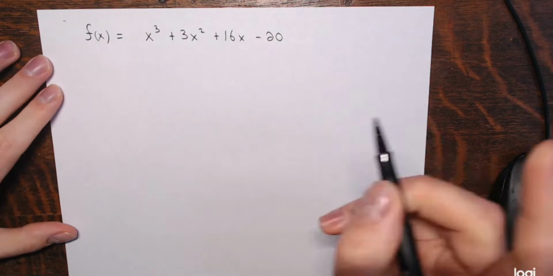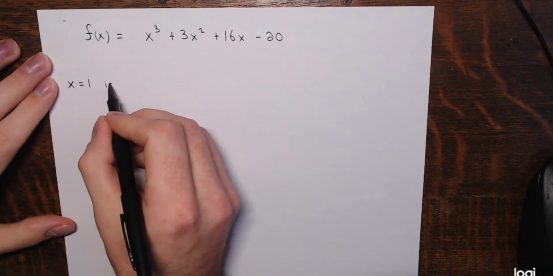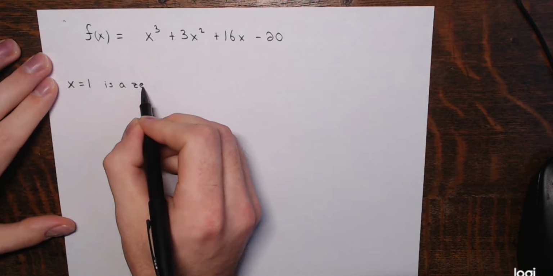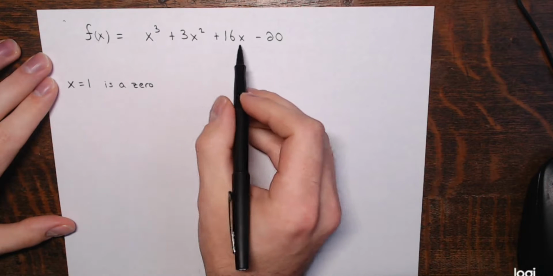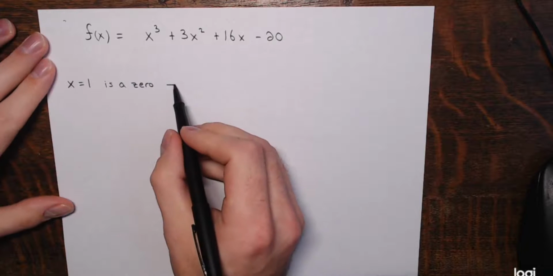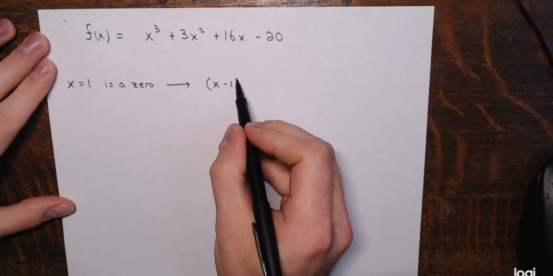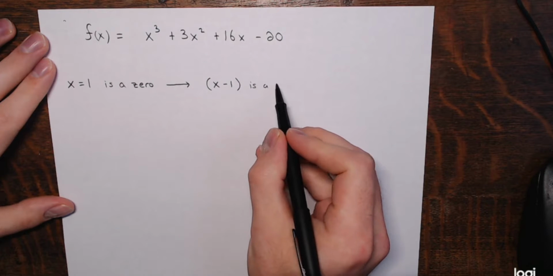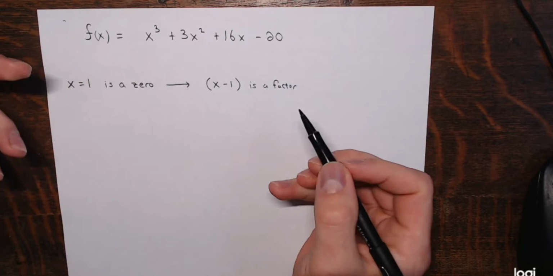And they told us that x equals 1 is a 0. You can easily see that 1 plus 3 plus 16 is 20, minus 20 would be 0. And as I was saying from the factor theorem, that means the quantity x minus 1 is a factor, and once you know a factor, you can find another factor by dividing.